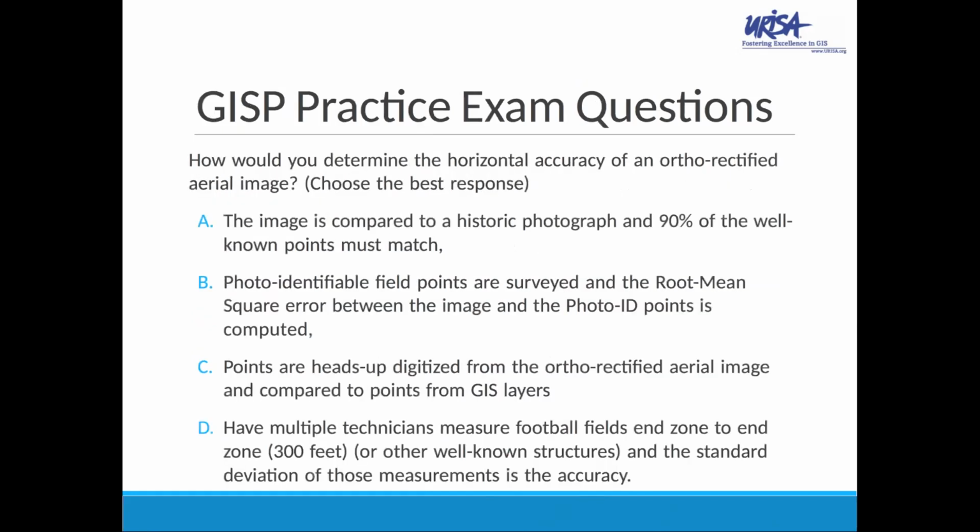So in this step, how would you determine the horizontal accuracy of an already orthorectified aerial image? The first one is not true, because when looking at the horizontal accuracy, and this is buried in the NSSDA, the E95 is based on the root mean square of the distance between points in each of the photographs.